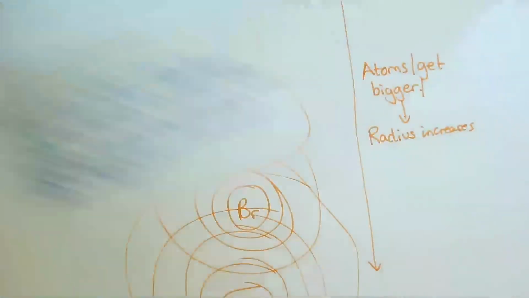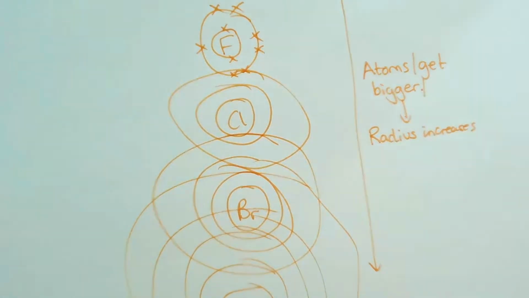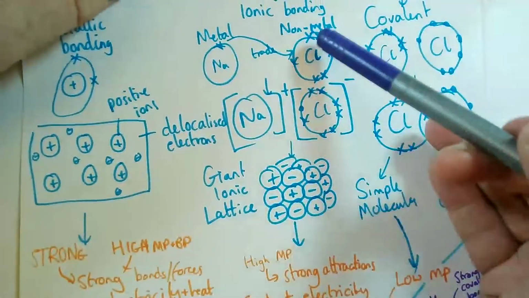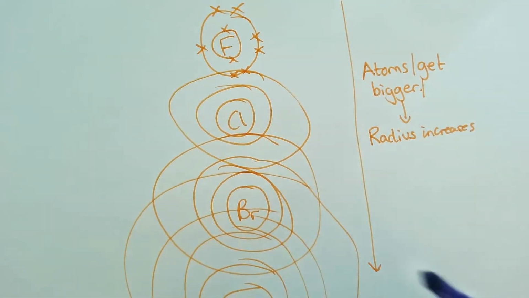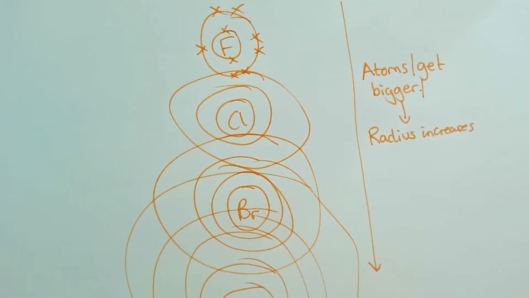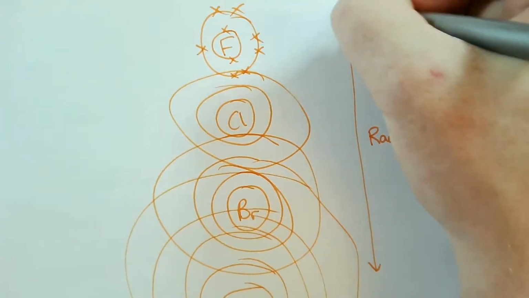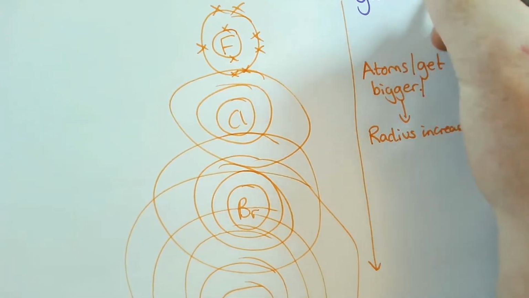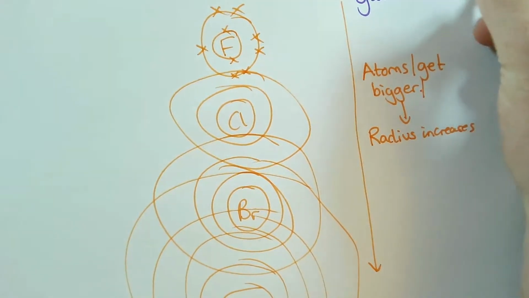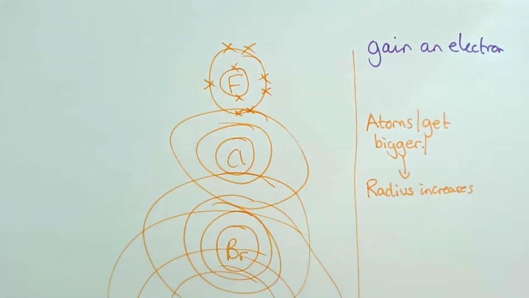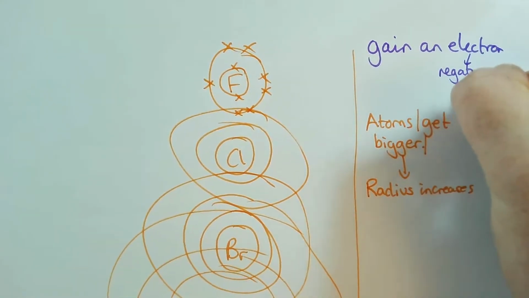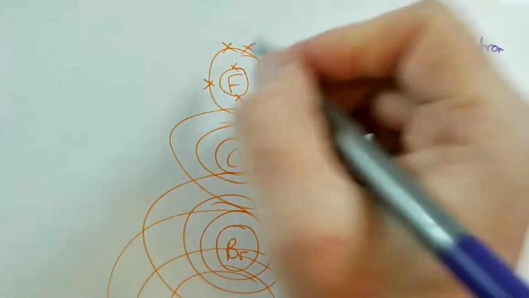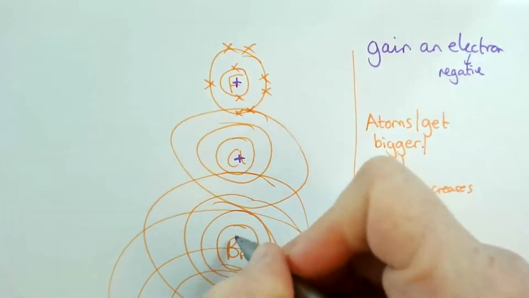Going back all the way to the first thing we said, they want to gain one. They want to gain an electron. Now, electrons are negative, so if I want to attract it in, I want the positive nucleus in the middle.